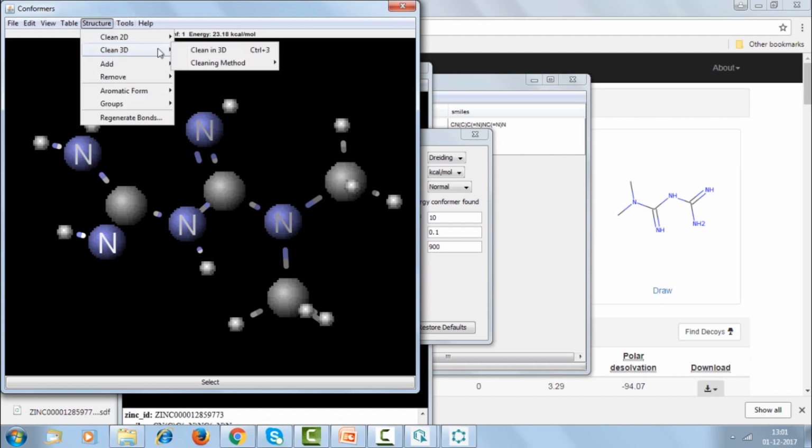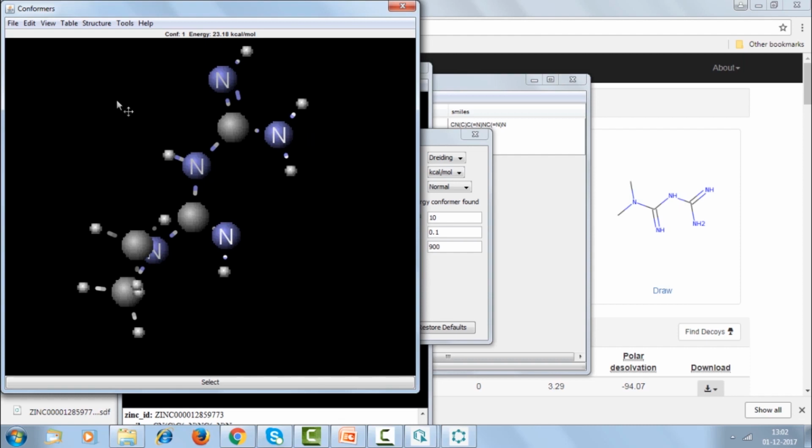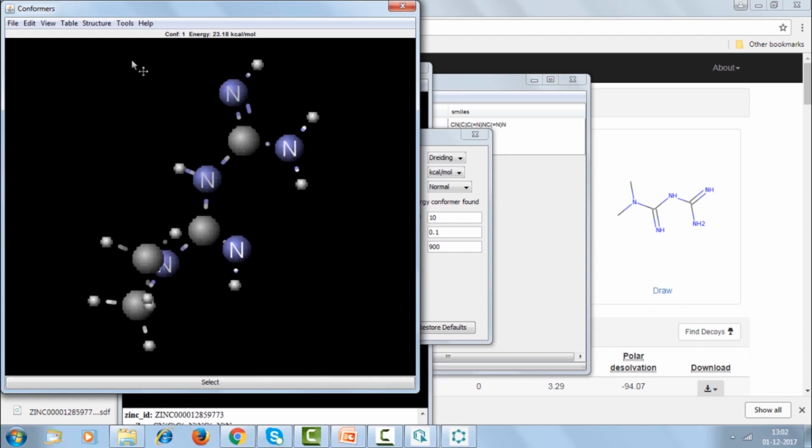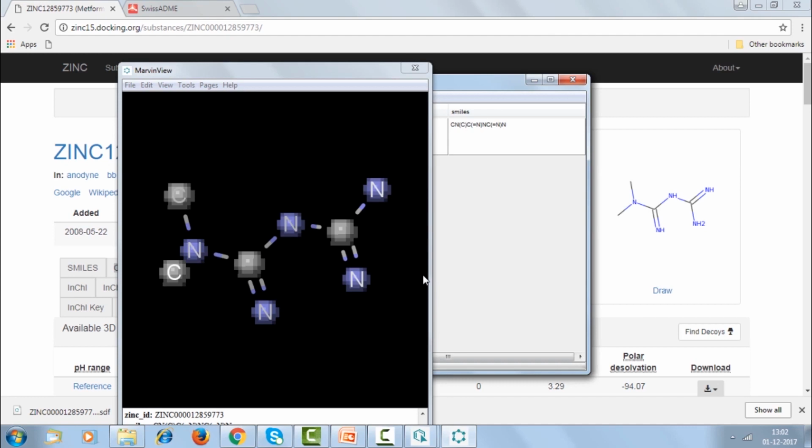We can look at this, which is called clean in 3-dimensional, and so on. So this particular software, Marvin, is extremely useful for getting 3-dimensional conformations of various structures, and getting information about the molecule related to electrostatic, geometric, and charge related information.